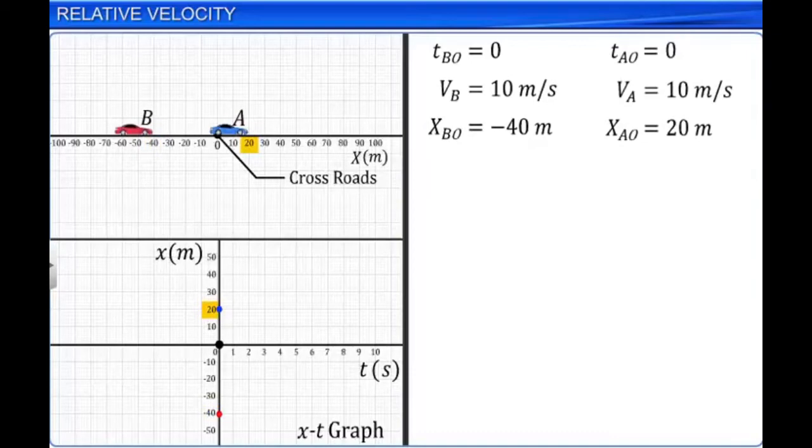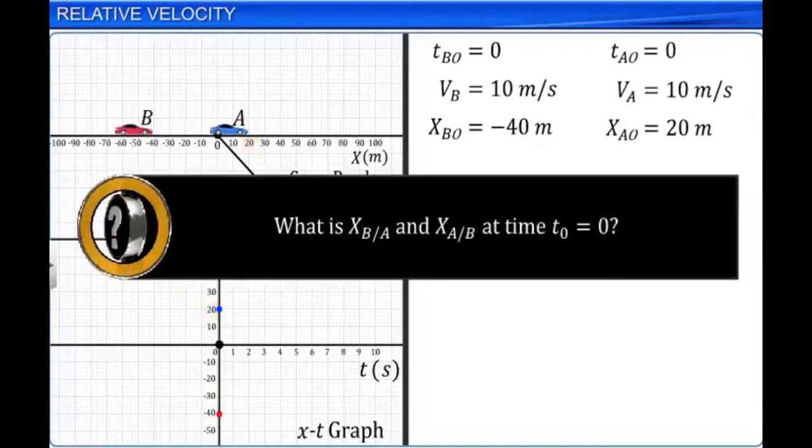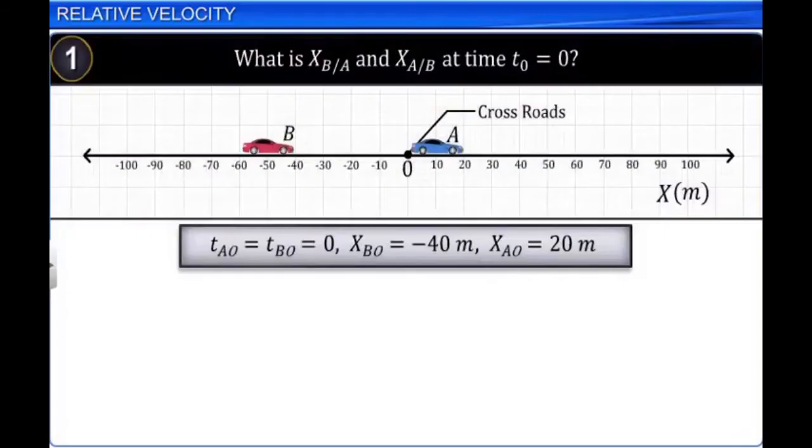What is xB by A and xA by B at time t0 equal to 0? Taking the crossroads as the origin O and time equal to 0, xB by A is equal to xB minus xA. This is equal to minus 60 meters.